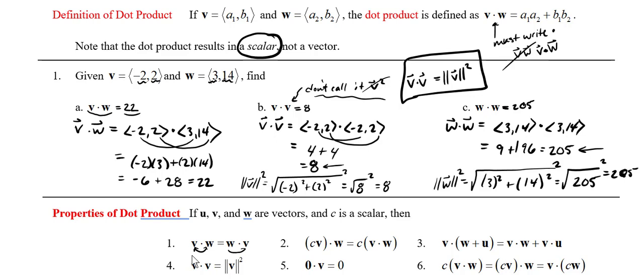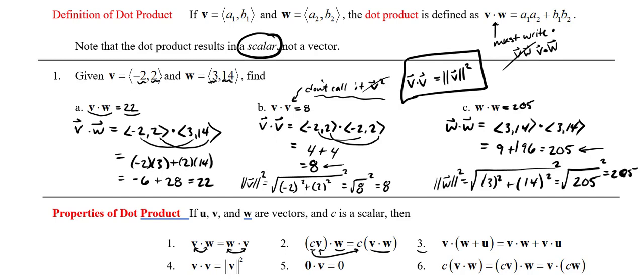V dot W is the same as W dot V. The second one here is saying that if I have a scalar multiple of a vector V, and I want to take that scalar multiple and multiply it on another vector W, I can actually pull the scalar out front and just dot the vector parts, then multiply that scalar on out at the end. A scalar multiple in a dot product says the scalar can come out front and wait for the vectors to dot and then be multiplied back in at the end of the day.